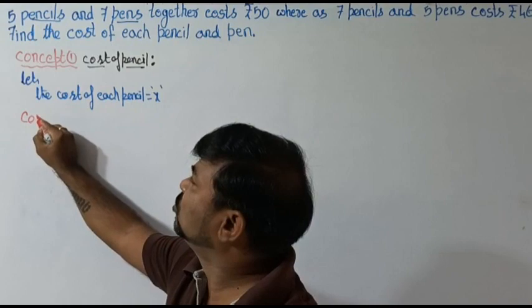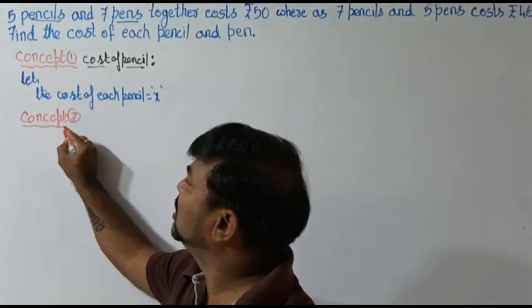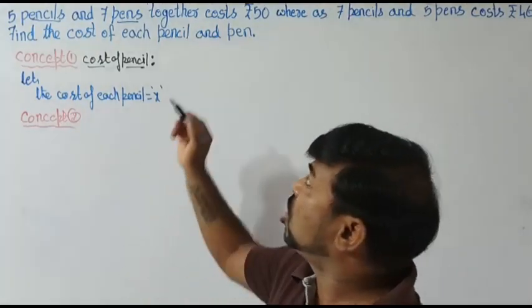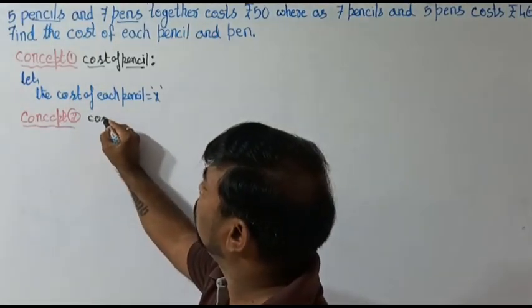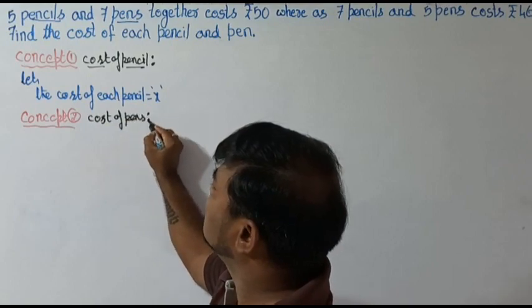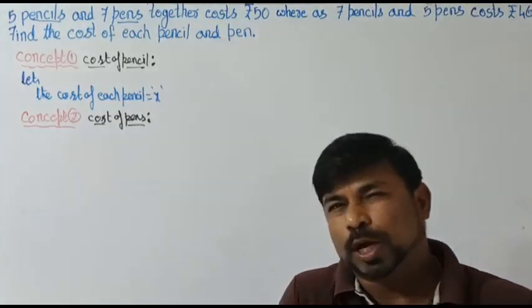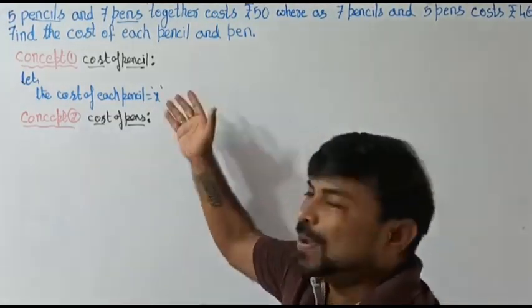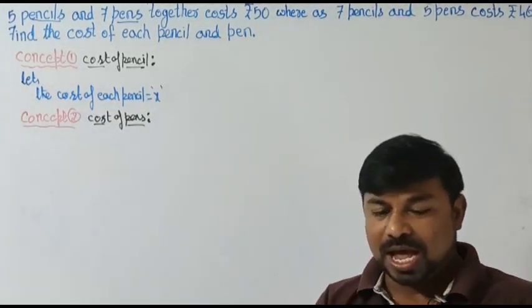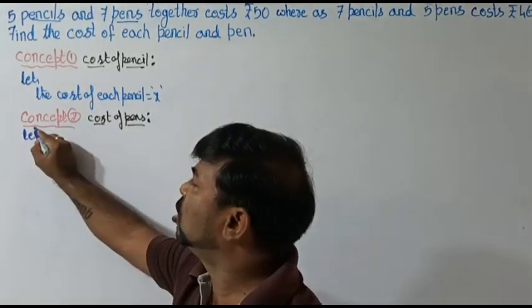Concept 2, the second concept we are dealing with here, is the cost of pens. Now let's assume the cost of each pen is rupees y. That's the assumption, the unknown.